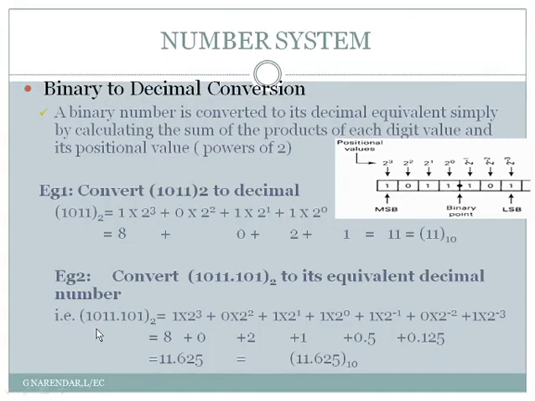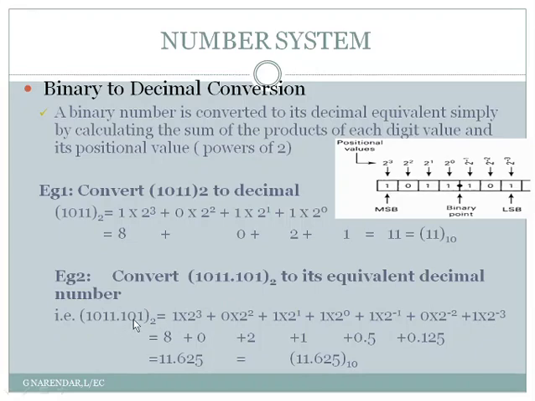Right, so we will apply the basic principle of the conversion, that is, take the corresponding digit and multiply it with its corresponding position value. So we'll start with LSB, and this is a 1. So 1 multiplied with its position value, which is 2 power minus 3.